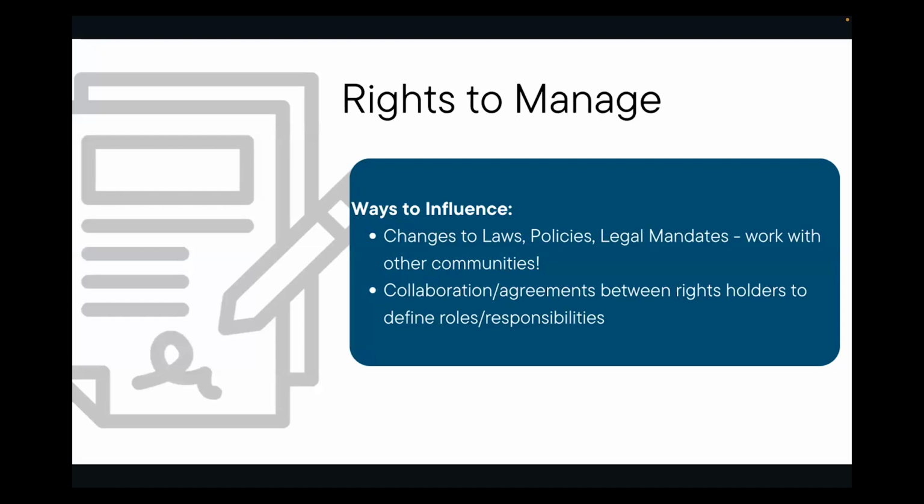So these are some of the ways you can improve rights to manage if your community doesn't have full rights to carry out decision-making or critical activities like enforcement. While this is a long process, it is possible to change laws, policies, and legal mandates. In Hawaii, communities for a long time were not legally able to establish protected areas and decide on rules for their site.